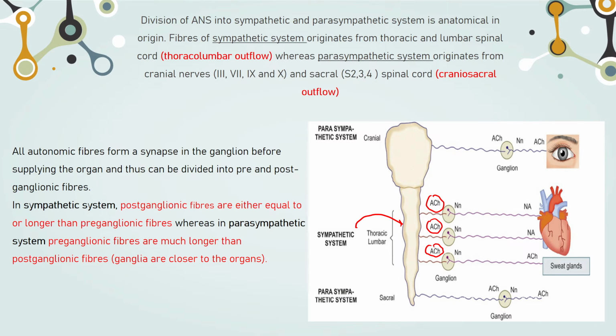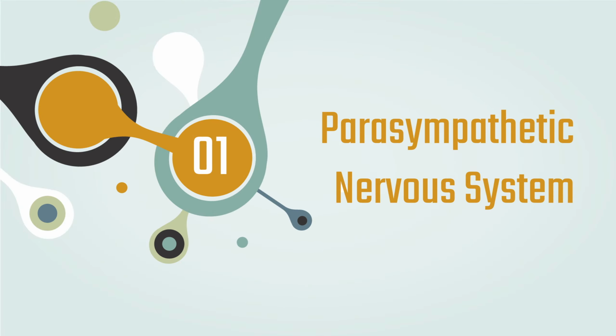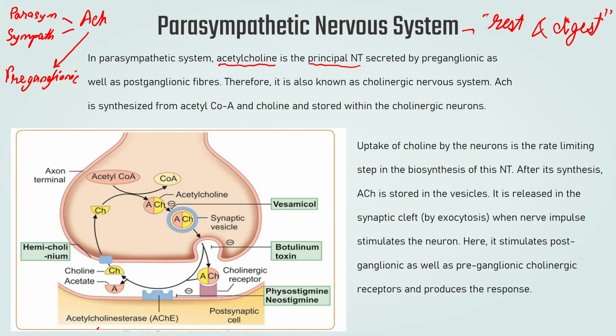The neurotransmitter released from the preganglionic fiber will always be acetylcholine, before the ganglion it is acetylcholine only. And afterwards, like in the parasympathetic system, obviously acetylcholine only will be released from the postganglionic fiber too, but in the sympathetic system the postganglionic fiber will release noradrenaline or adrenaline. So very important to remember this.